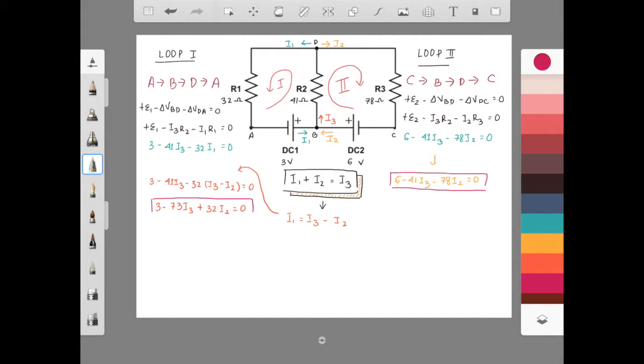Now, we have 2 equations with 2 variables left. Multiply the first equation with 78 and the second equation with 32 to receive the equal value of I2. Then, eliminate the I2 and we will have the value of I3, which is 0.061 amperes.